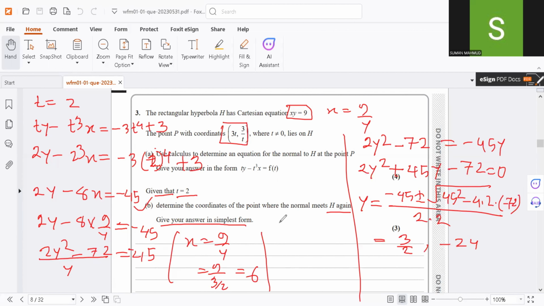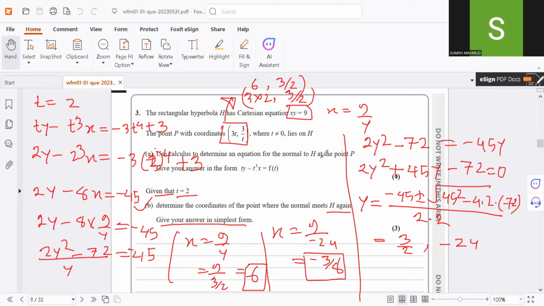And the other point is x equals 9 over minus 24, that is minus 3/8. We already have the point P: if you substitute t equals 2, we get 3 times 2 and 3/2, so the point is (6, 3/2). So the other point where the normal meets the curve is (minus 3/8, minus 24). That is the final answer.